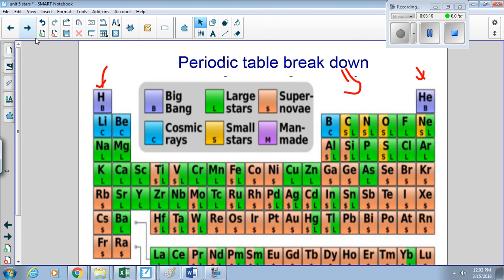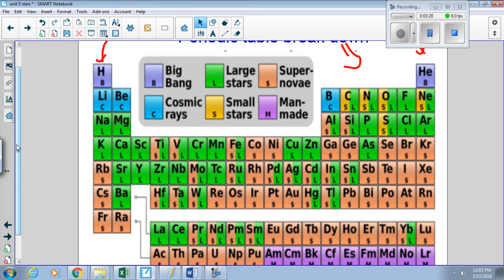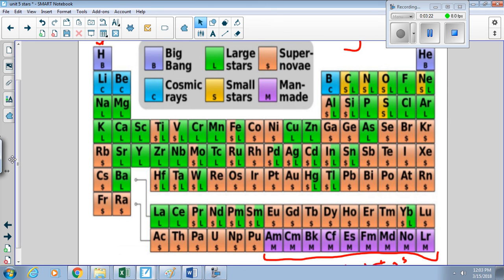Alright, so periodic table breakdown. This periodic table is a list of all the elements separated by atomic number, which is the number of protons. Chemistry people. Can't see me, but I'm making faces, because what else would you do with your face? Anyways, this shows where they've come from. So purple are from our Big Bang.